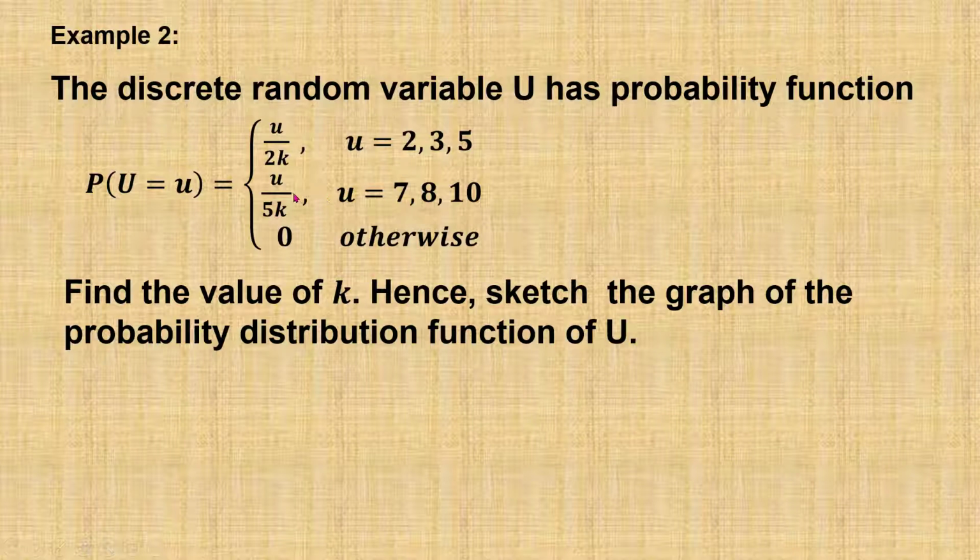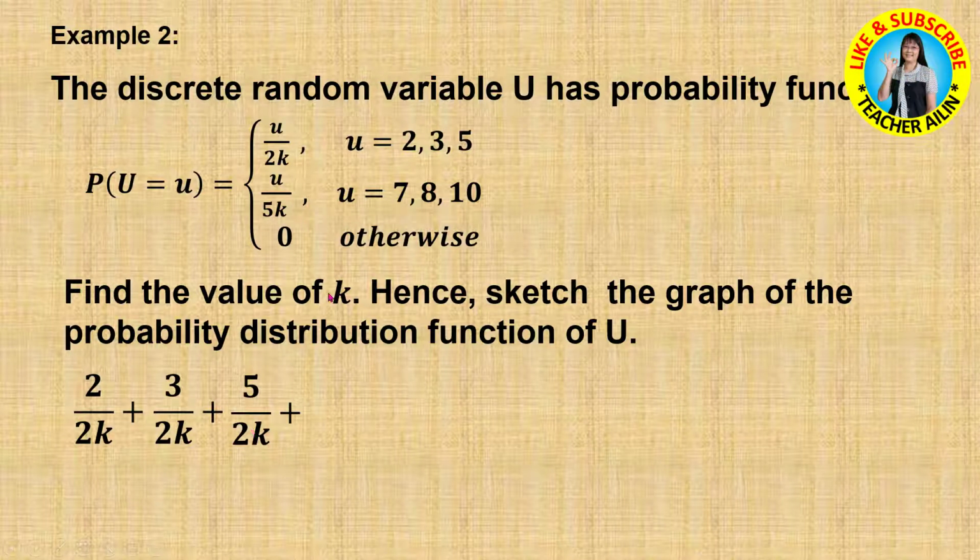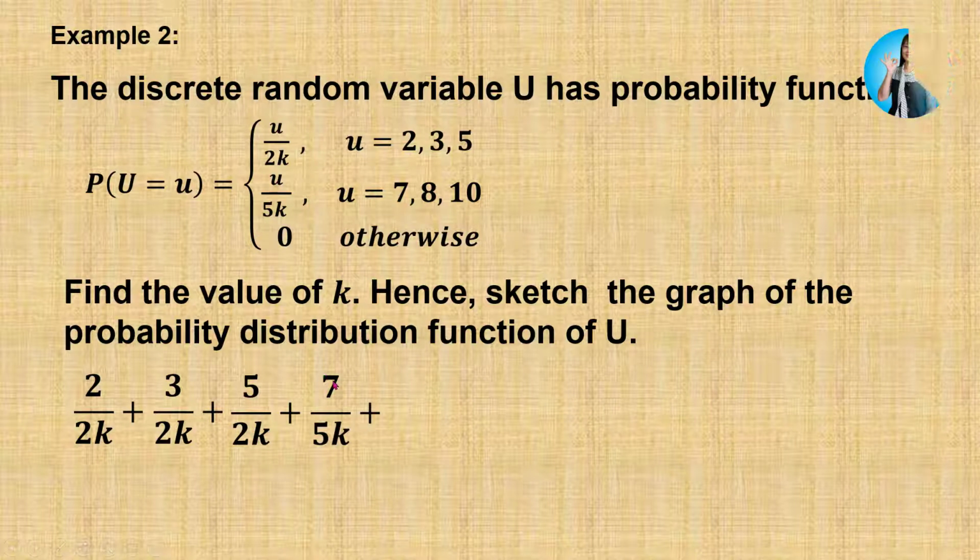So first, when u is equal to 2, the probability is equal to 2 over 2k. When u is equal to 3, when I substitute u with 3, it is 3 over 2k. When u is equal to 5, the probability is 5 over 2k. When u is equal to 7, the probability is 7 over 5k.